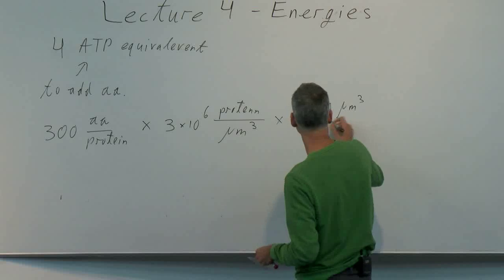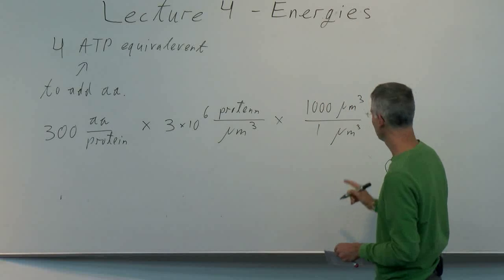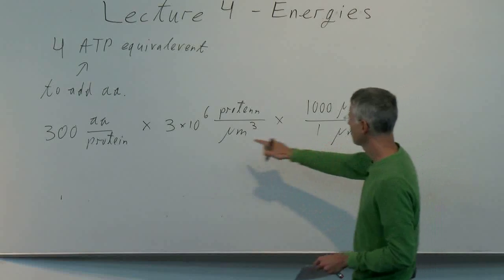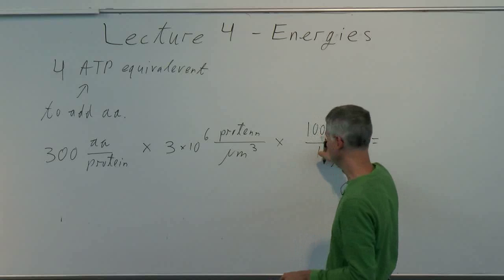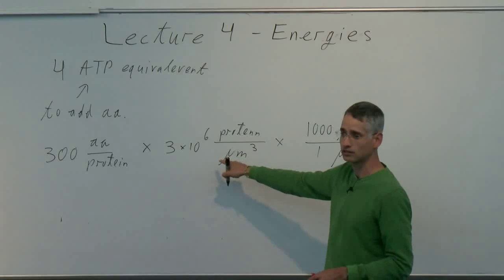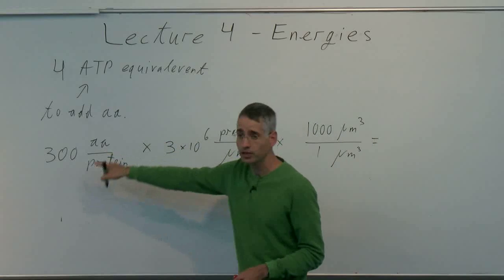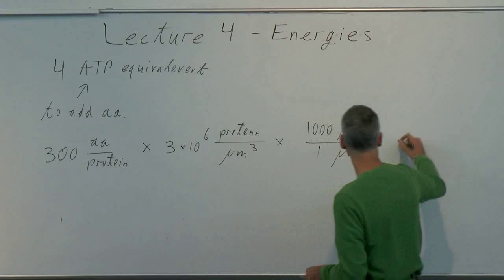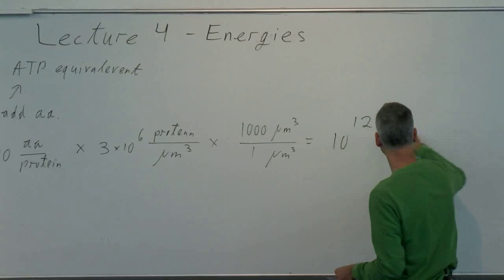So I have another factor of 1,000. What does that bring me? I have 3 times 10 to the 6 times 3 times 10 to the 3, so that's 3 times 10 to the 9 proteins, times 300 amino acids, so that's 10 to the 12 amino acids per cell.